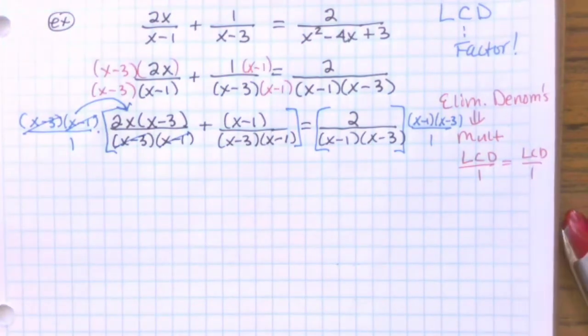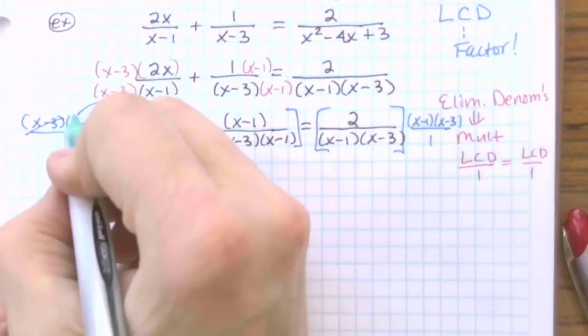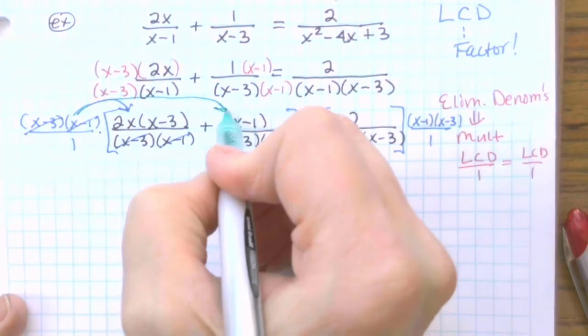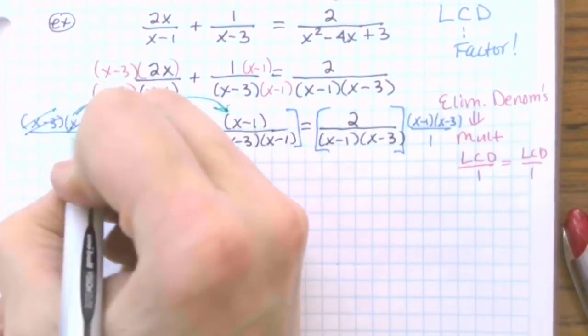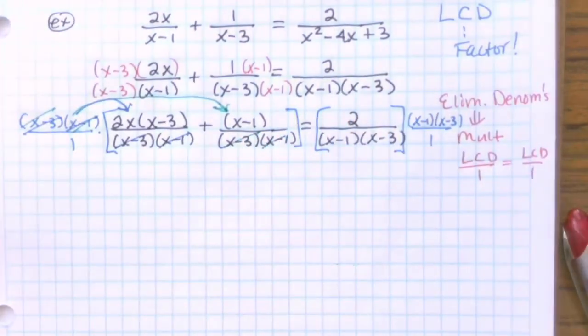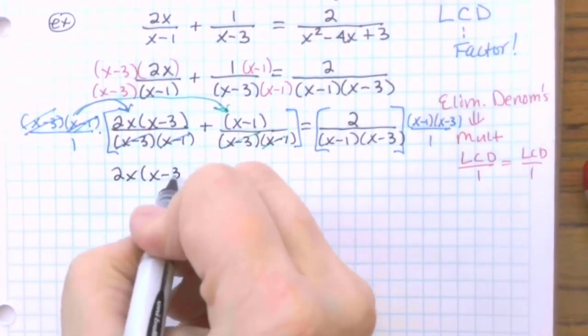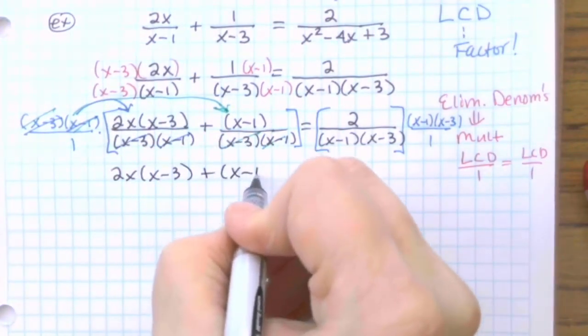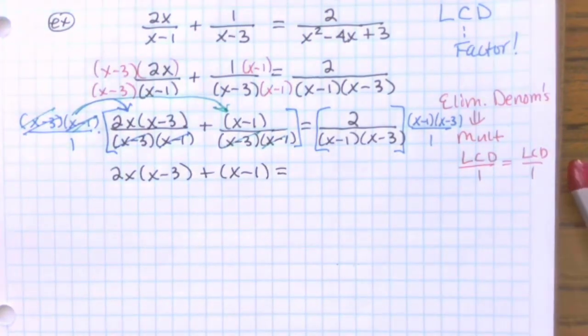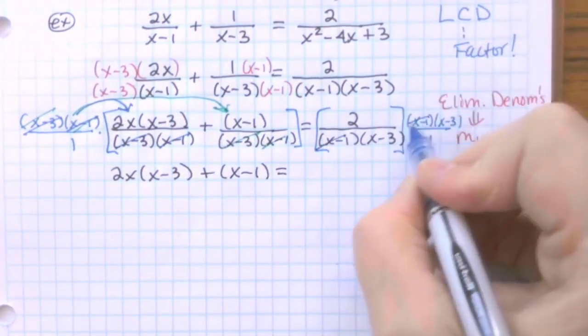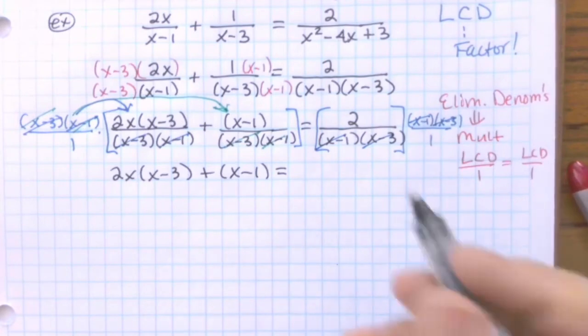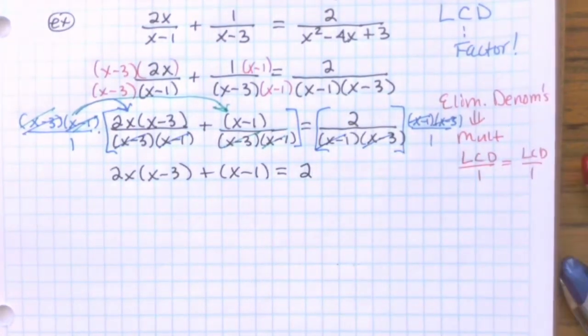But remember, it's being distributed. So when you multiply it by the second fraction, it cancels out the bottom. So all you have left is 2x times x minus 3 plus x minus 1. On the right, there's only one term. Everything divides out, so that equals 2.